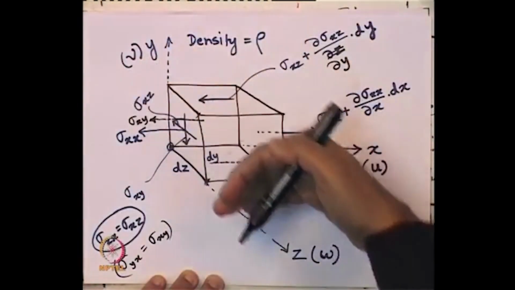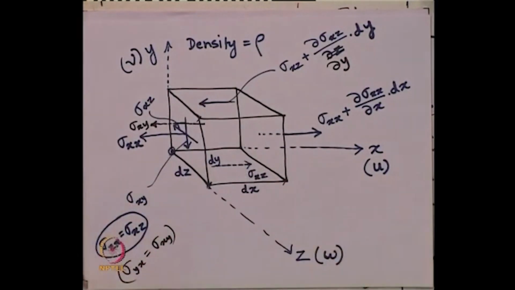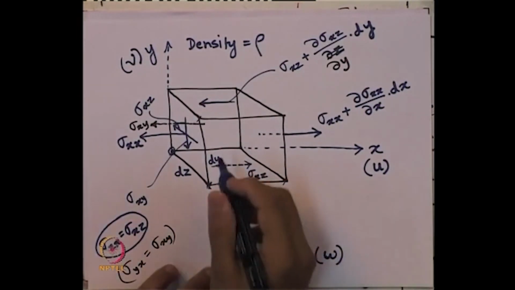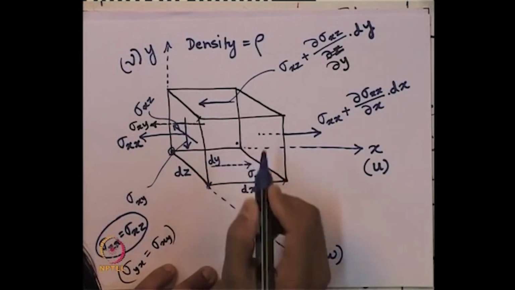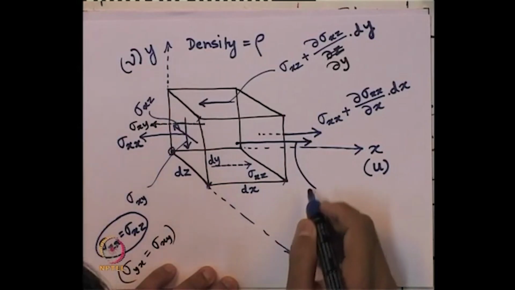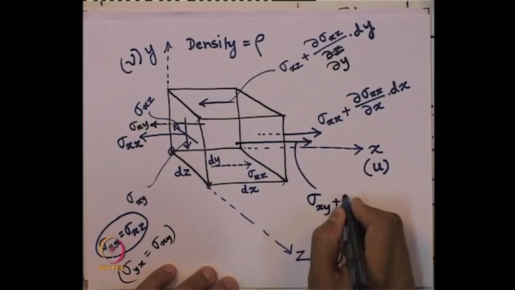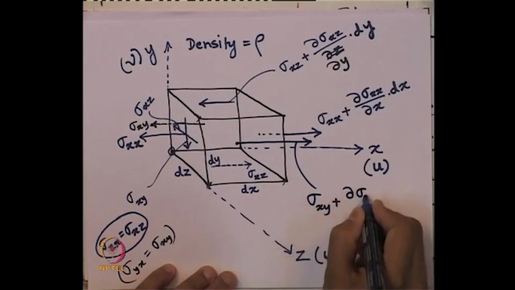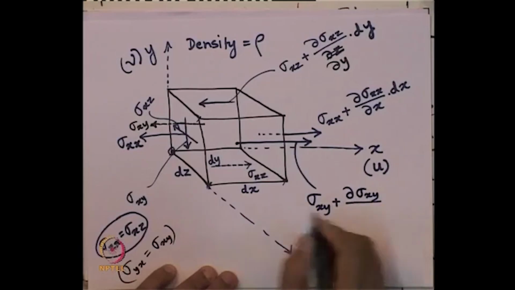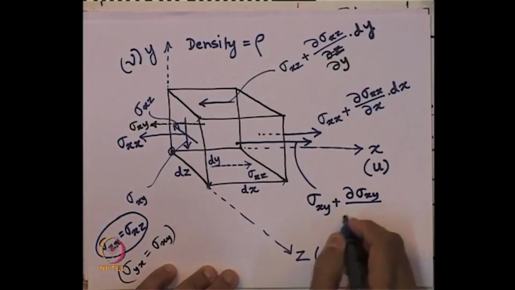So, when it travels through a distance of dz on this front face, what should it be? It should be sigma xy, which is changing, del sigma xy over del z times dz, over the distance it travels in the z direction.